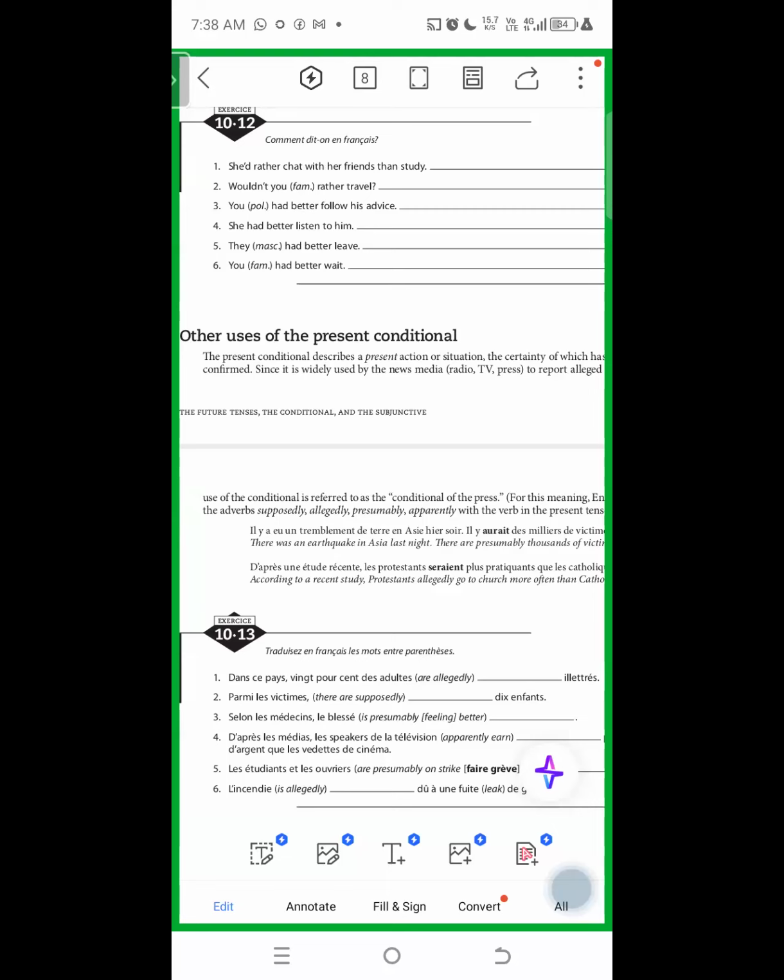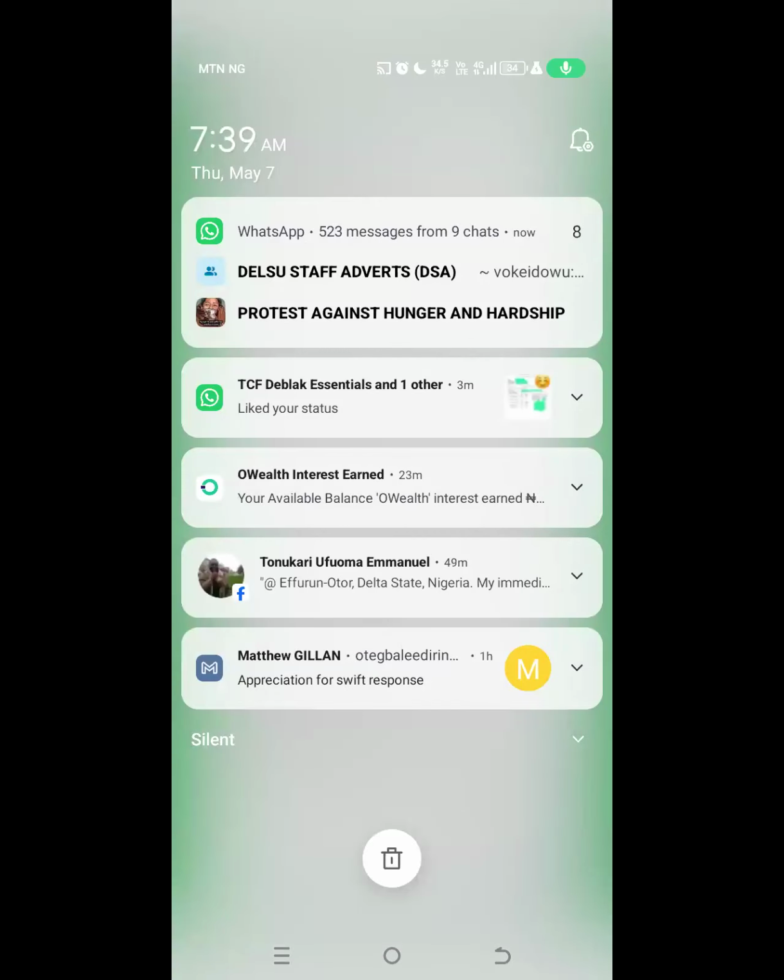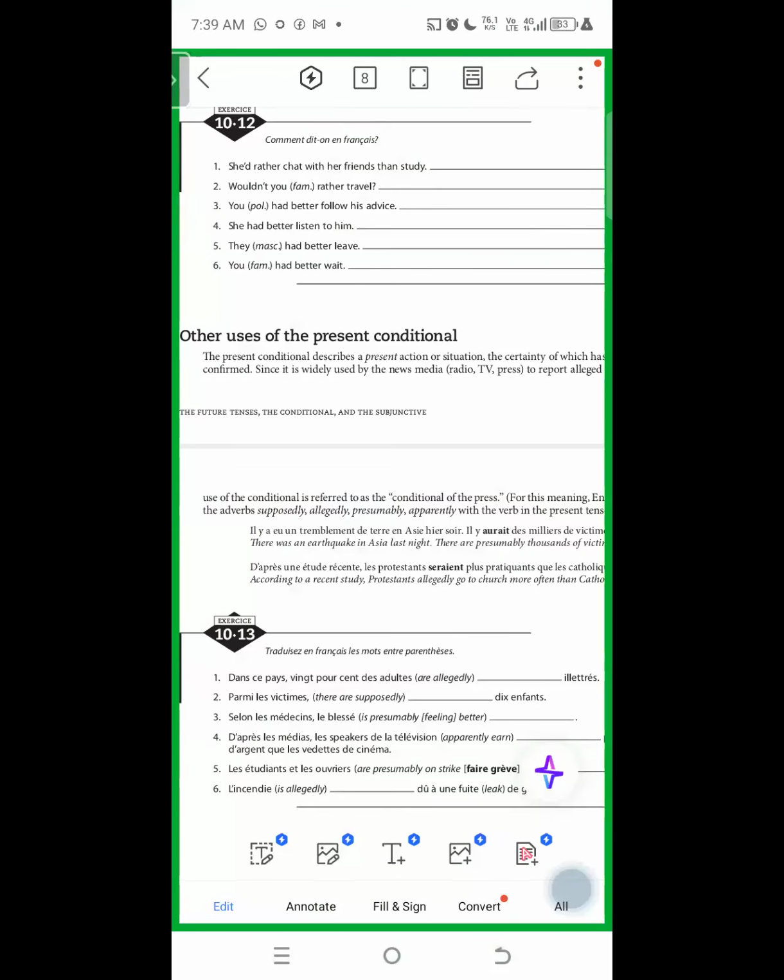Okay, aimerait mieux discuter. Ah oui, discuter. Elle aimerait mieux discuter avec ses amis qu'étudier. Than study.